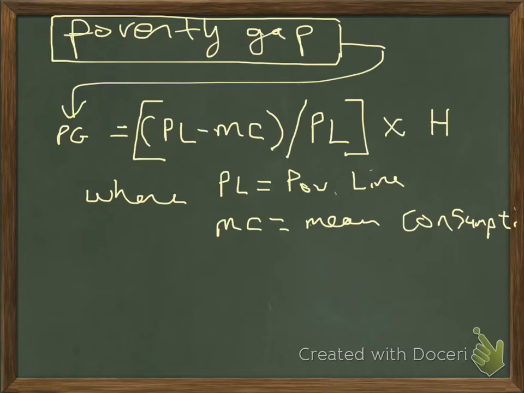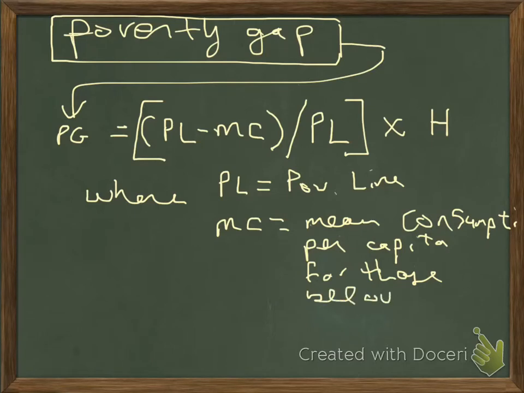Well, okay. Mean consumption per capita for those below poverty line. Okay. H equals the head count index, which we just talked about.